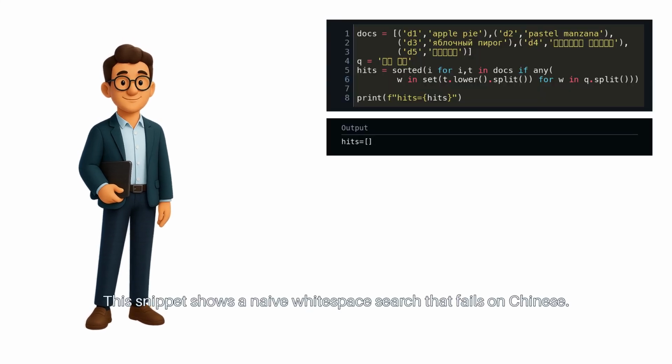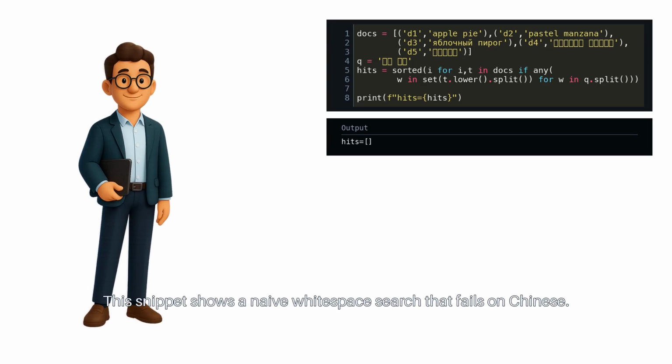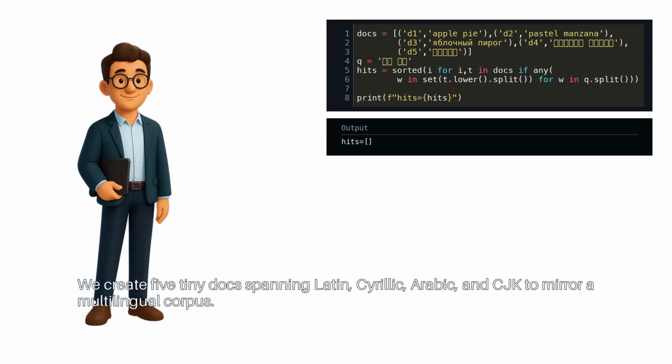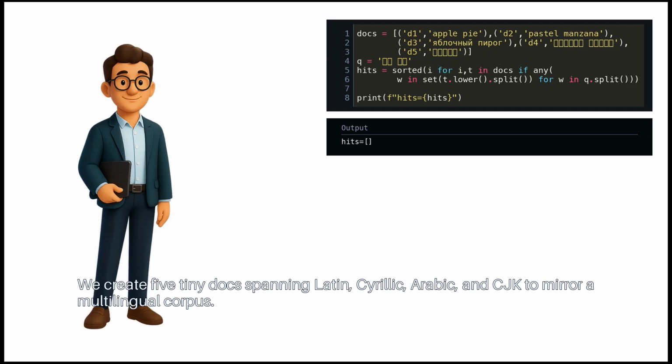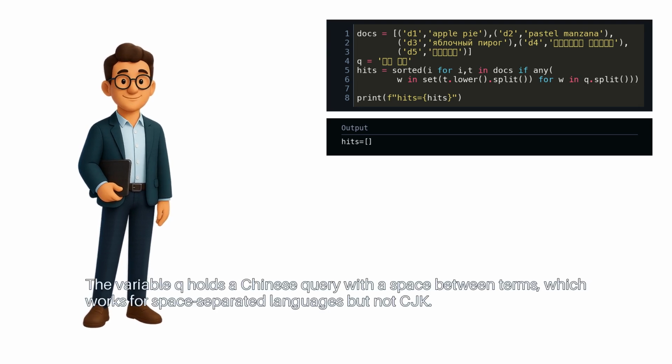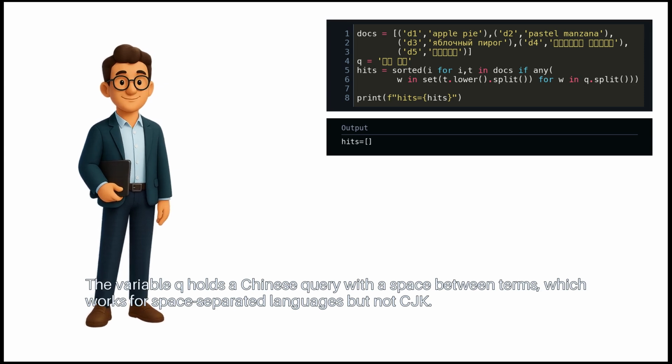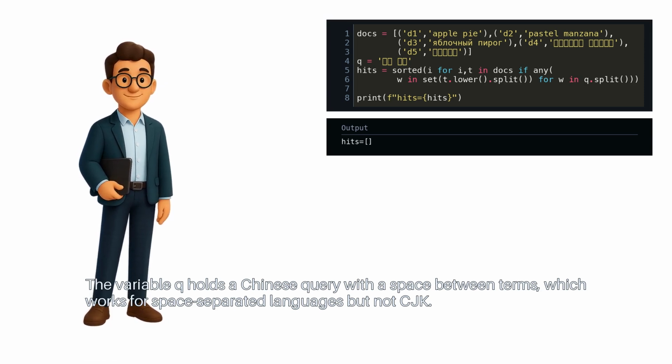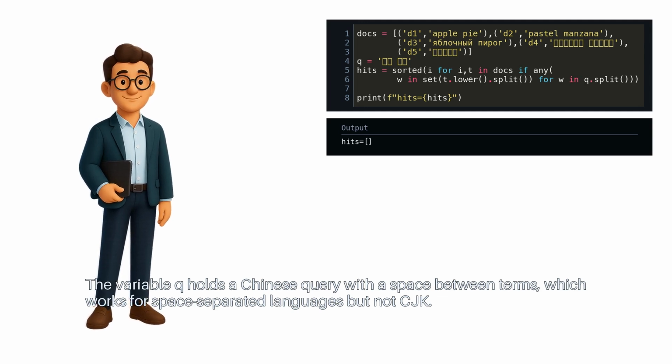This snippet shows a naive whitespace search that fails on Chinese. We create 5 tiny docs spanning Latin, Cyrillic, Arabic, and CJK to mirror a multilingual corpus. The variable Q holds a Chinese query with a space between terms, which works for space-separated languages, but not CJK.